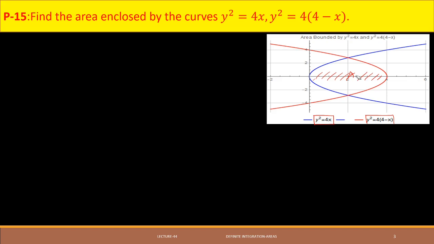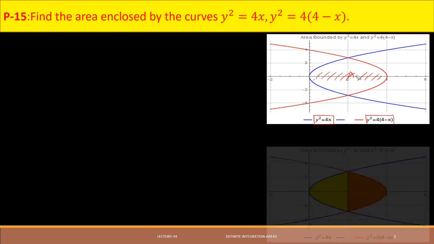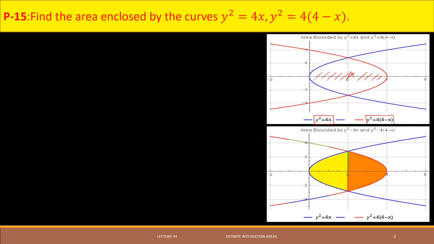Now let me show you the shaded part. The required region is shaded in two colors here, one in yellow and the other in orange.